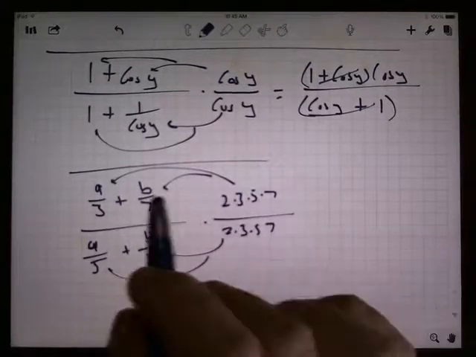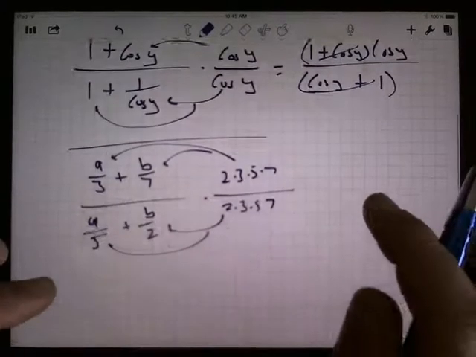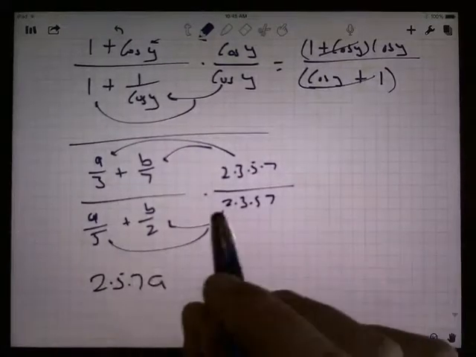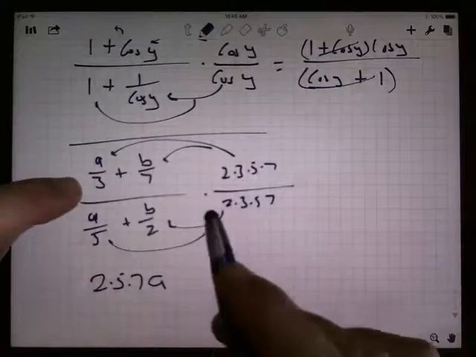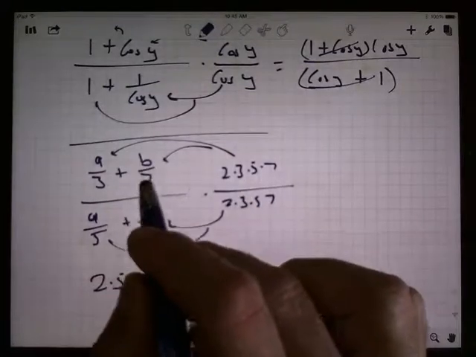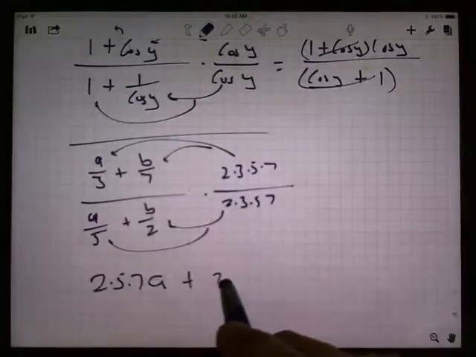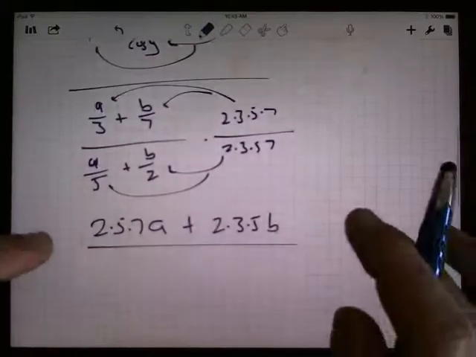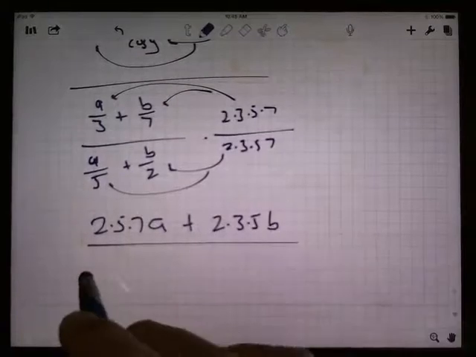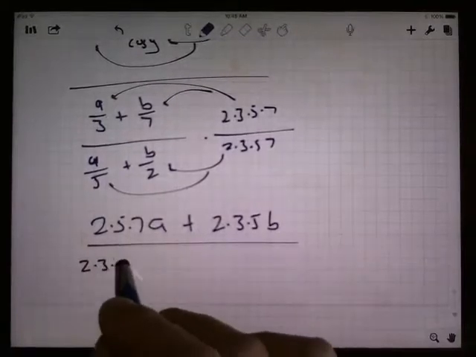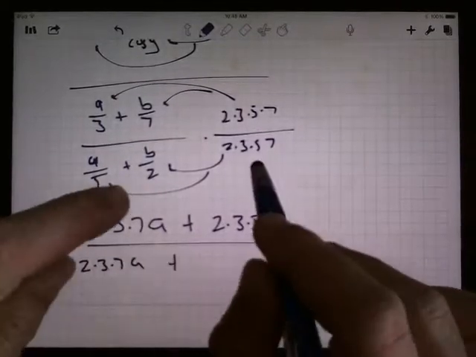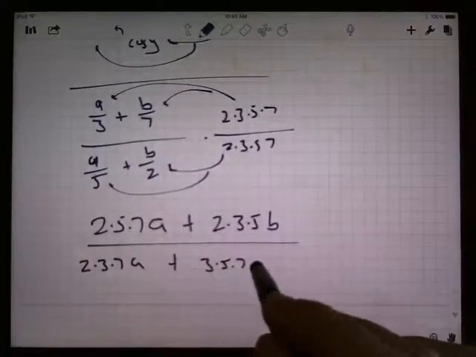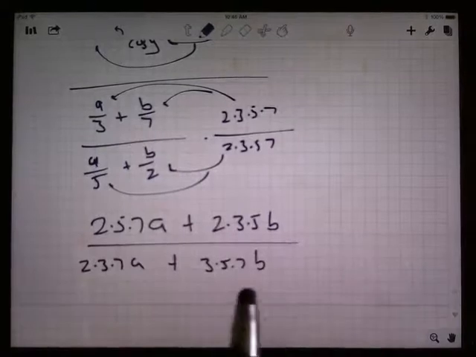So when you multiply this stuff times the first fraction, the 3's cancel out, and I've got 2 times 5 times 7 times a. When you multiply it by the b over 7, the 7's cancel out, and I've got 2 times 3 times 5 times b. Then in the bottom, the 5's cancel out, so 2 times 3 times 7 times a. And here the 2's cancel out, so 3 times 5 times 7 times b.